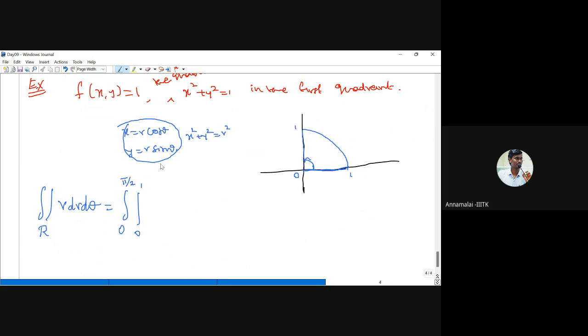Because already r is there, you can write x square plus y square into dr d theta, otherwise you have to write it another way. So we just adjust that r to this, and we get x square plus y square.